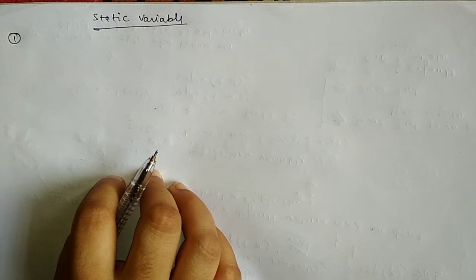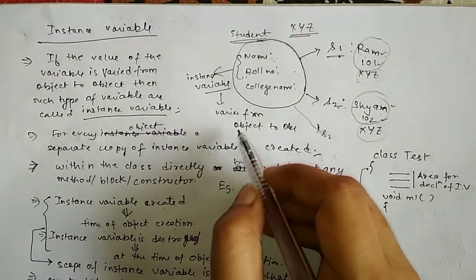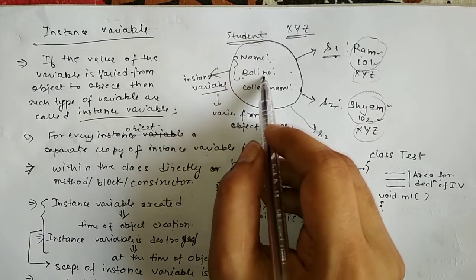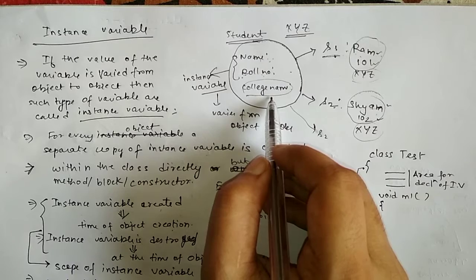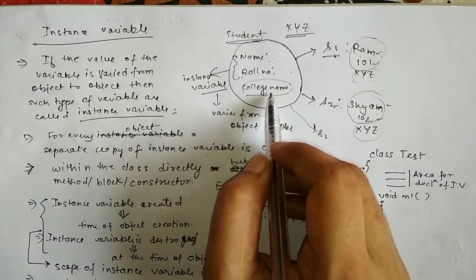If the value of the variable is not changing from object to object, then we can create a static variable. Like in the previous example, the values of name and roll number were changing from object to object, but the college name was not changing for every student. So the college name can be a static variable.